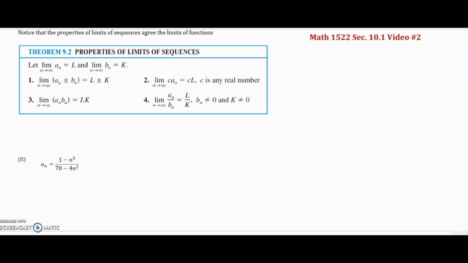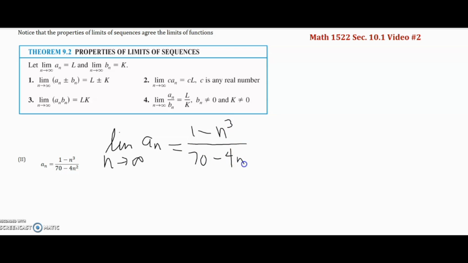Once again, in this particular case, I'm interested in finding the limit of a sub n as n goes to infinity. It certainly looks like we're going to need to divide by something. Because we're interested in not having the issue of a 0 in the denominator, we'll divide the top and bottom by n squared.